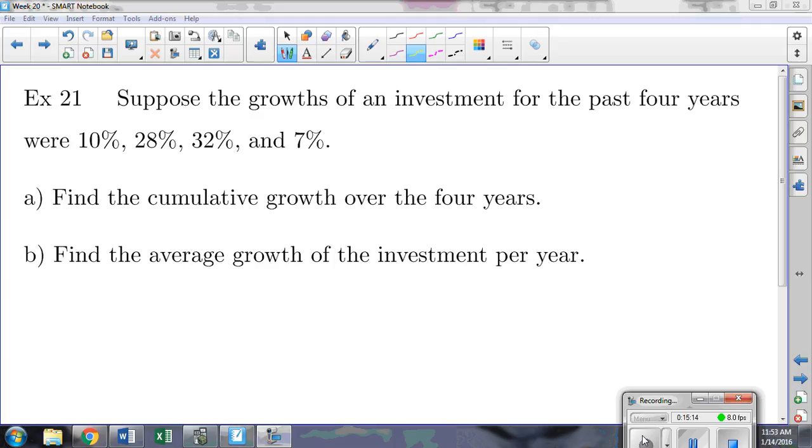Okay, continue this one. This is our first example where we will examine the multiplicative average. Suppose growths for an investment for the last 4 years were 10%, 28%, 32%, and 7%. What is the cumulative growth over those 4 years?